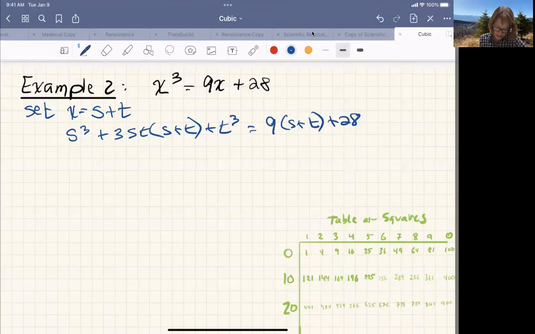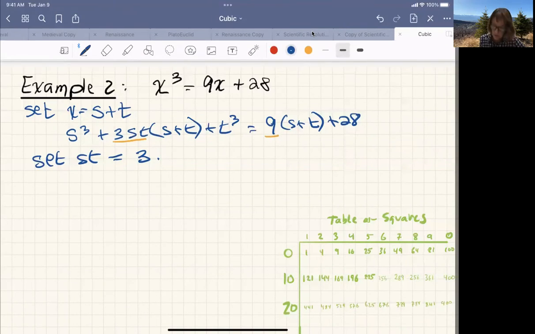And then in this case, let's take a look. We want 3st to be equal to 9, and therefore we want st to be equal to 3, so that those two are equal, so that 3 times st is equal to 9.